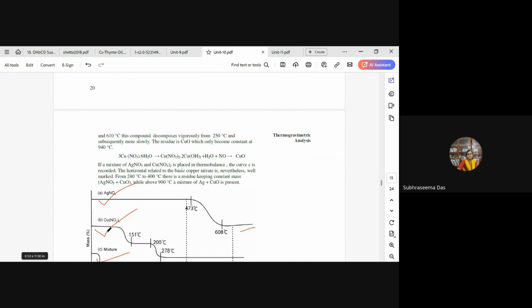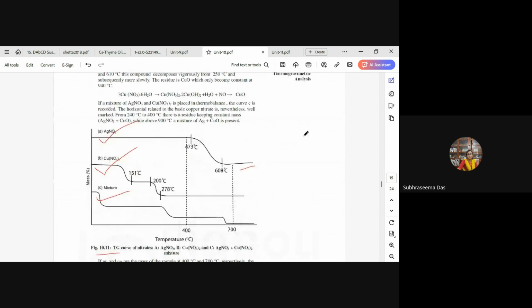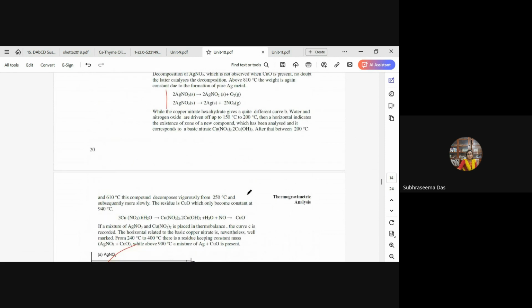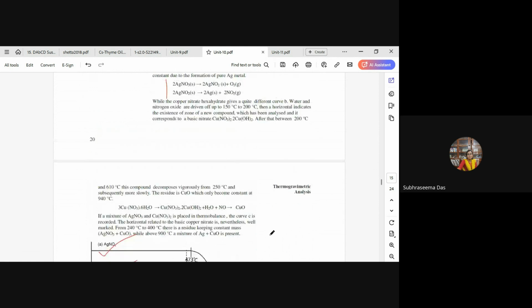Then in the second case, we have taken copper nitrate. So copper nitrate gives a different type of TGA curve. First, from 150 degrees centigrade to 200 degrees centigrade, this region is for moisture loss and loss of nitrogen oxide.